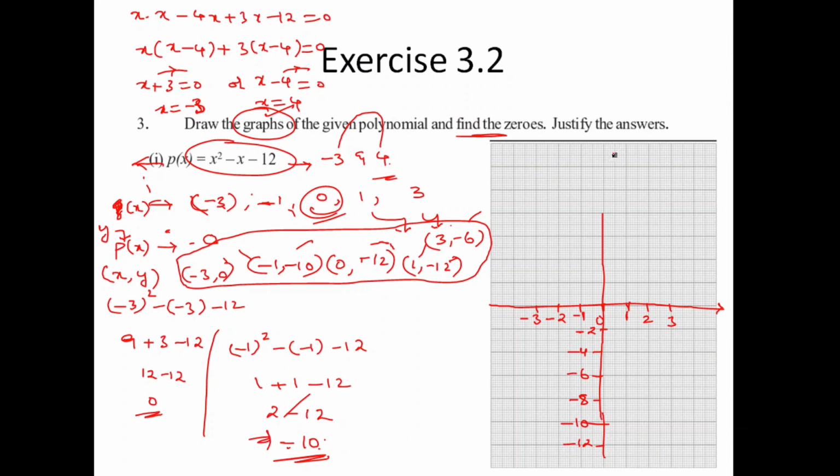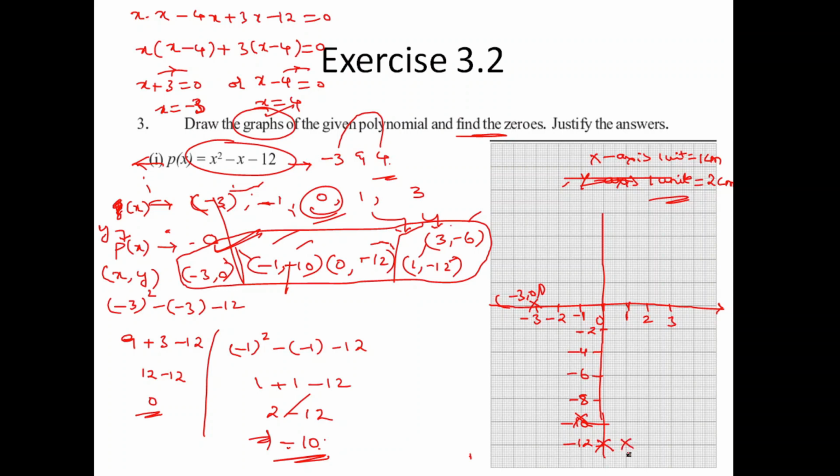This scale means on the x-axis 1 unit is equal to 1 centimeter, and on the y-axis, minus 10 is somewhere over here, right? The other one is 0, comma minus 2. That is this one, right? The other one is 1, comma minus 12, which is somewhere over here.